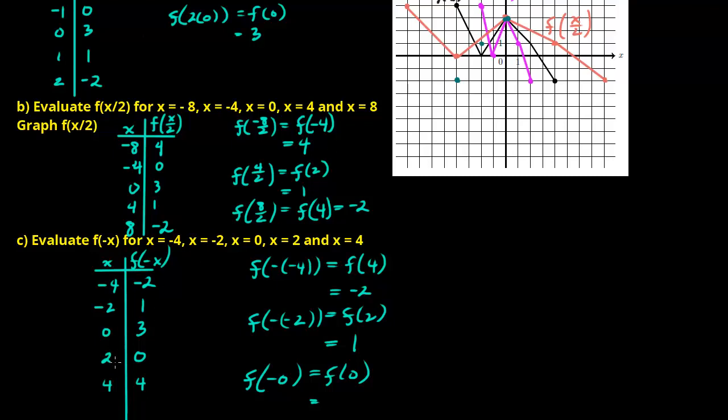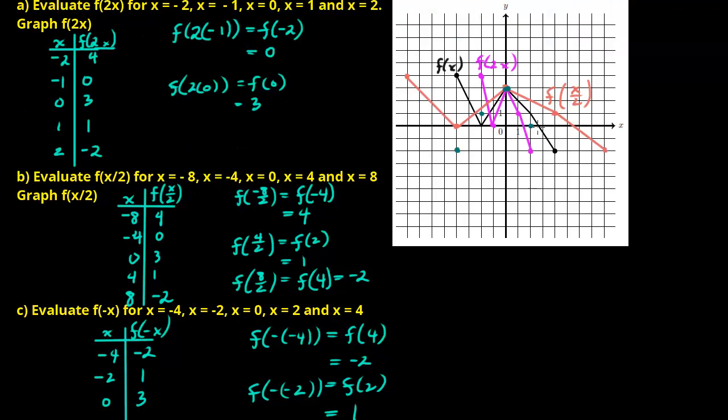Then 2 comma 0 is right here. And 4 comma 4 is up here. Now we can connect all these points, and this is the graph of f of minus x.